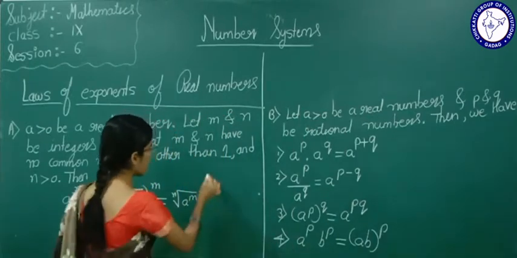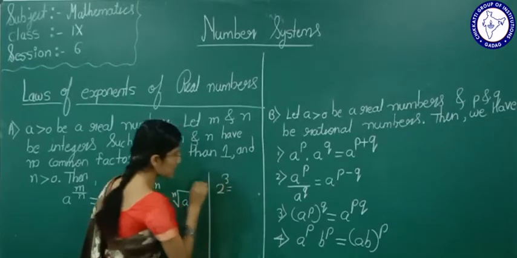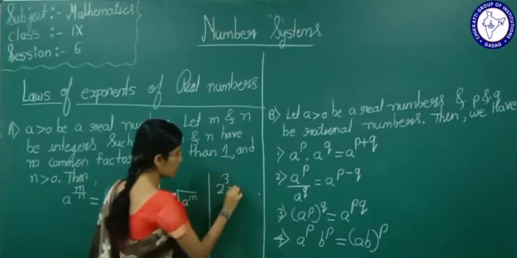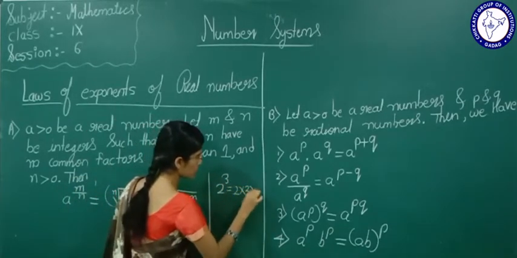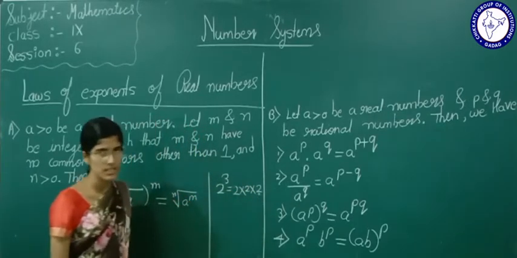See here, if I asked you 2 raised to 3, what is the meaning of 2 raised to 3? It is 2 into 2 into 2. 2 is multiplied here 3 times.